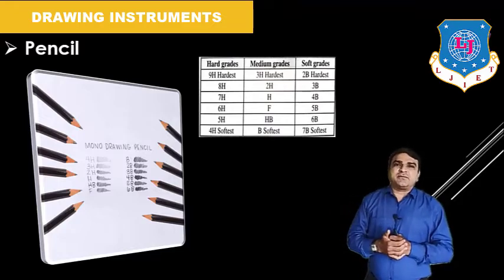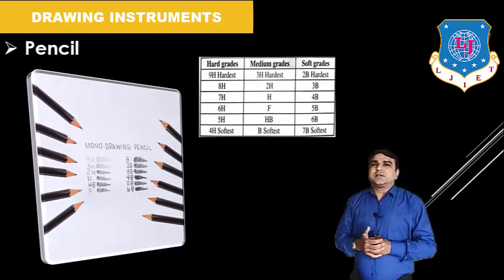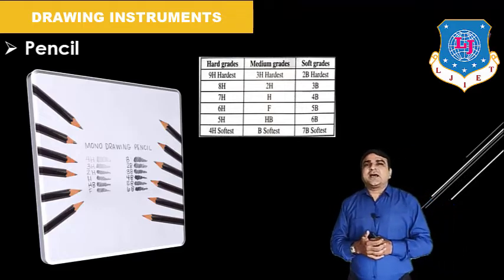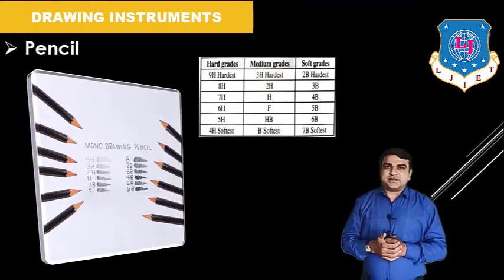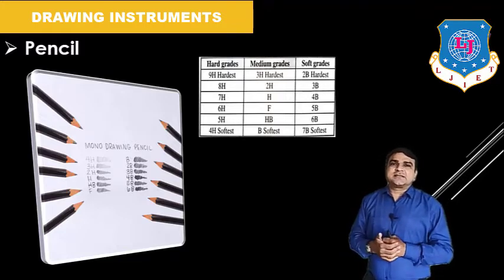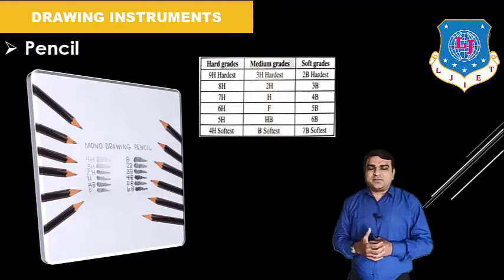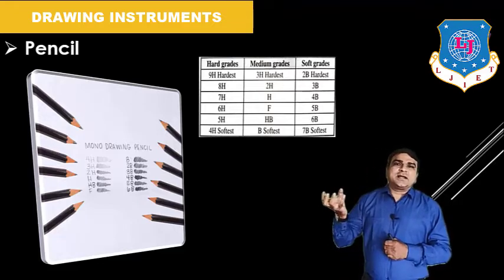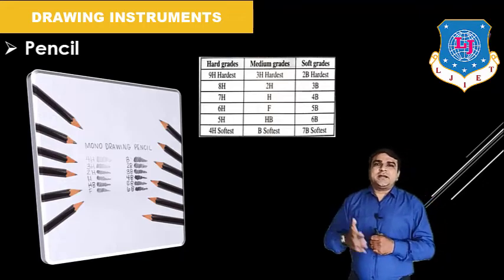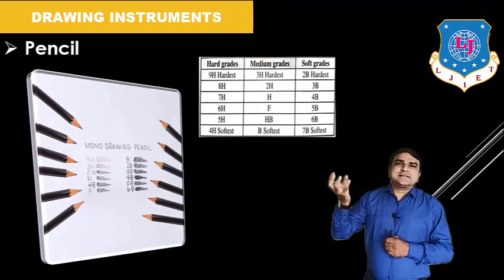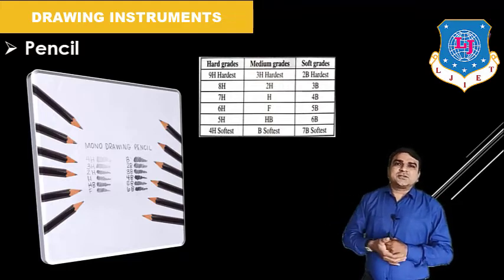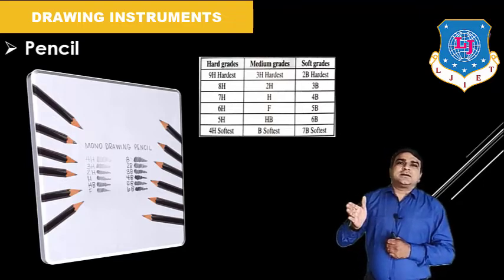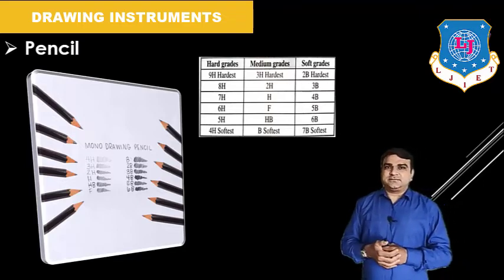A pencil is made of graphite material, and according to the hardness of the graphite, the pencil leads are classified in different grades. H grades indicate the hardness of the graphite material. When you increase the hardness of the graphite, you get the H grade pencil. For B grade pencil, the hardness decreases or the softness of the lead increases. For that material, the grade is B.